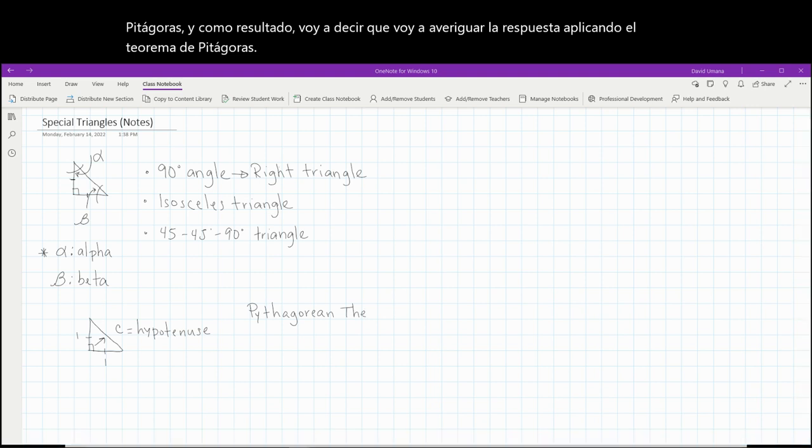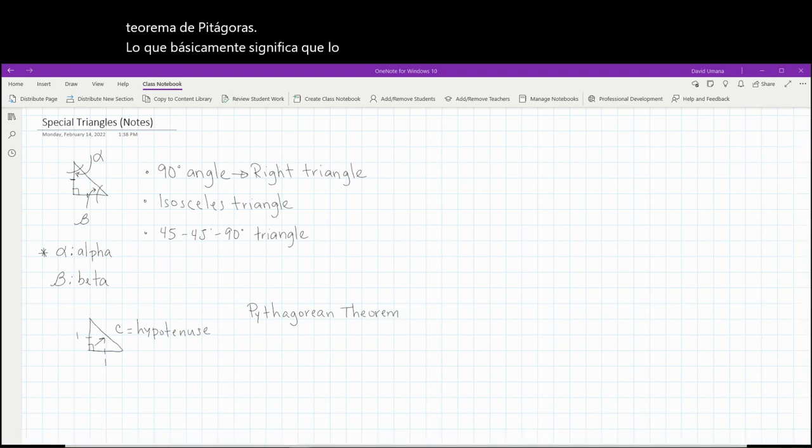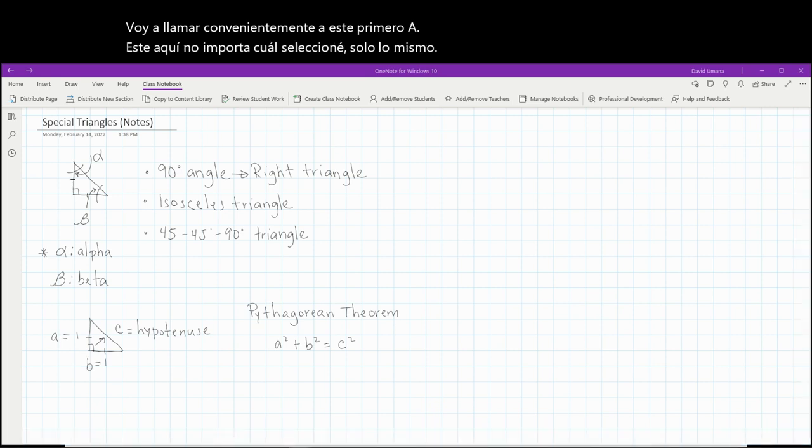Which basically means I have a squared plus b squared equals c squared. I'm going to conveniently call this first one a, this one here b. It doesn't matter which one I select, it's just the same thing. But the hypotenuse is definitely c.